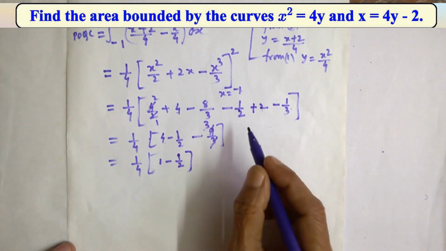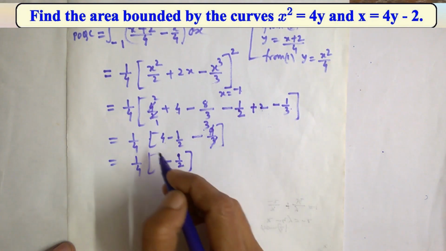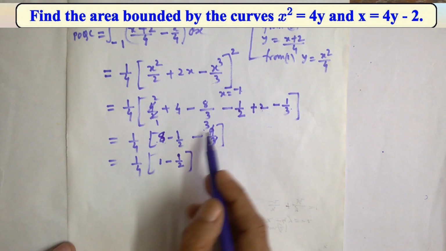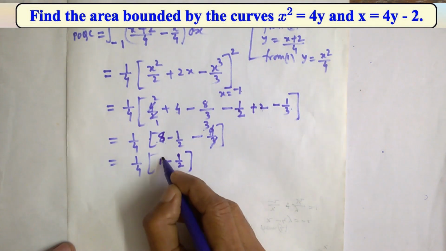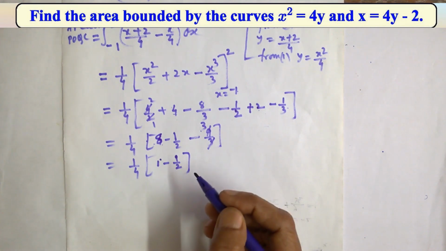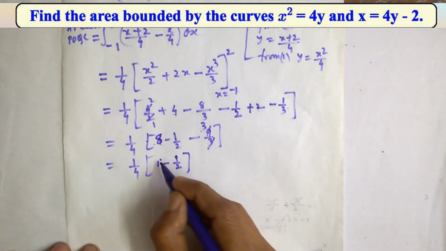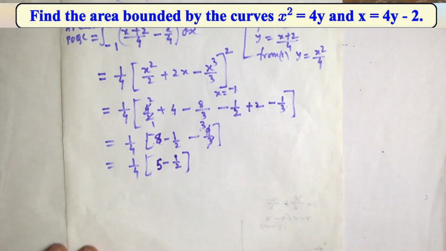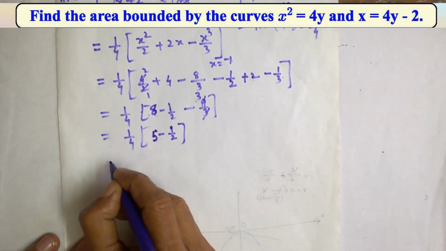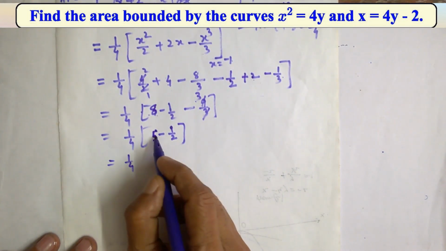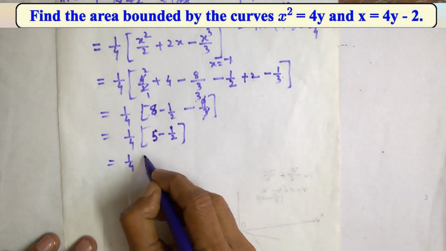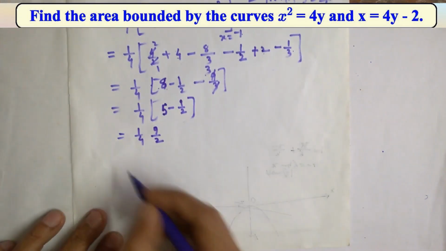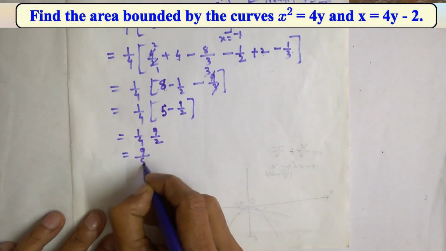This will be 8 minus half minus 3, 8 minus 3, 5. That's all. I think there is no mistake now. 1 by 4, this will be 5 into 2, 10 by 2, that is equal to 9 by 8.